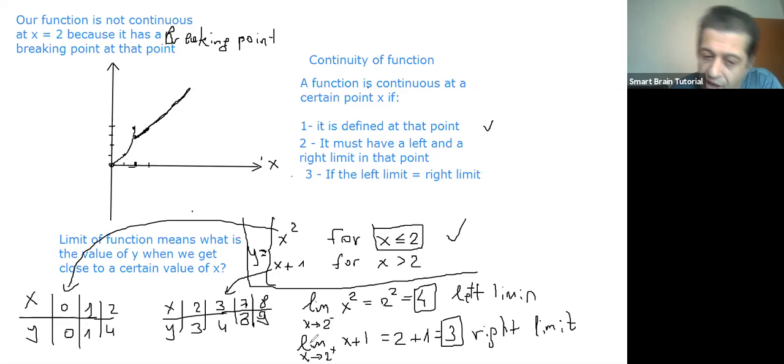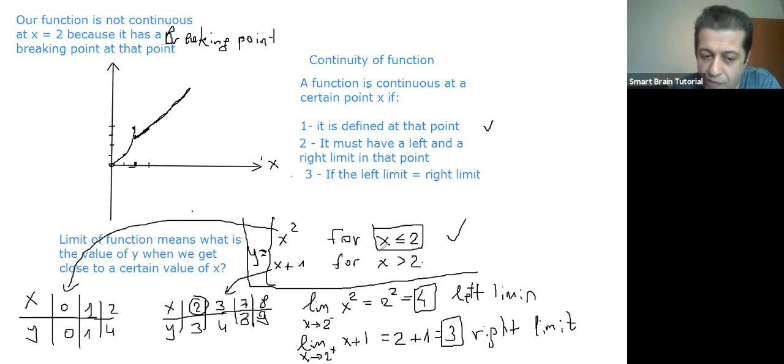The same thing I have done for x greater than 2. However, I have taken the value 2 also, although I know that 2 is not included in this part, but there are all values that are a little greater than 2, but much closer to 2.